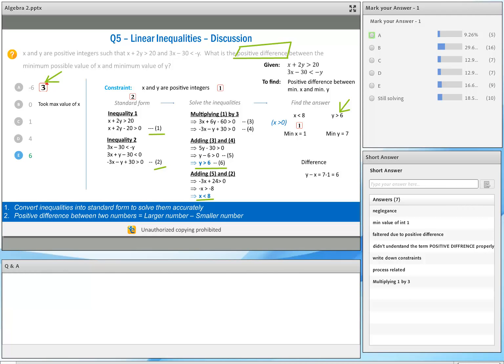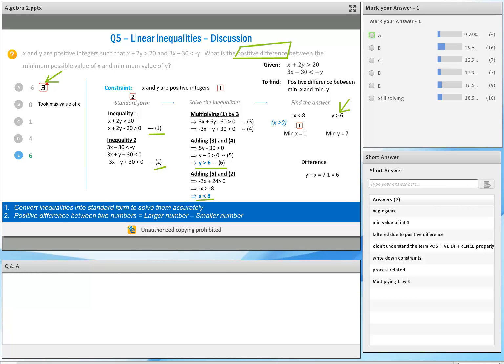You couldn't translate the question statement properly. That's where you made a mistake. So the process skill is translation. You could not translate positive difference correctly. So when you have your error log columns, the column for process skill will be translation, and the description for that will be didn't understand the term positive difference properly.